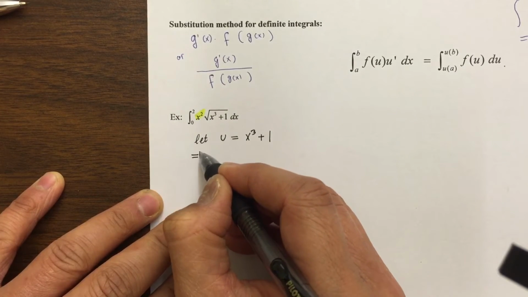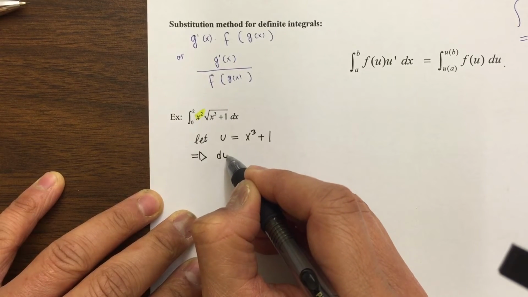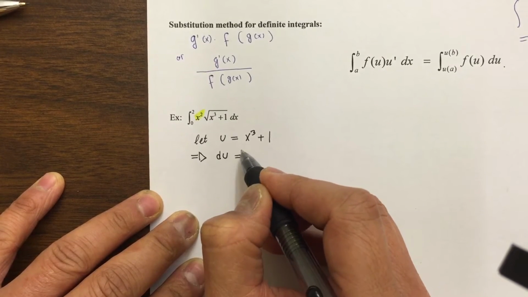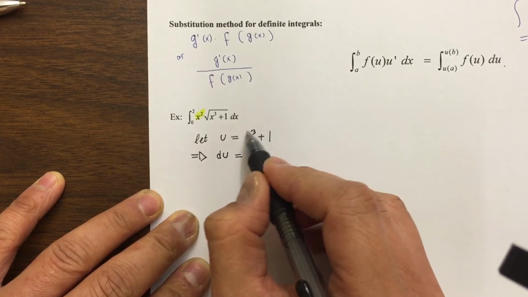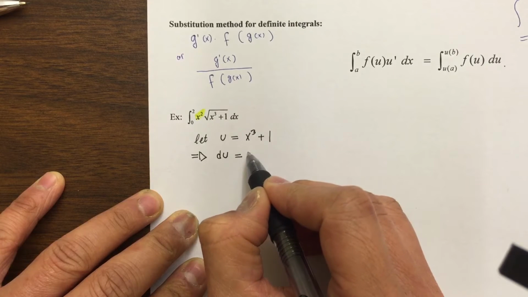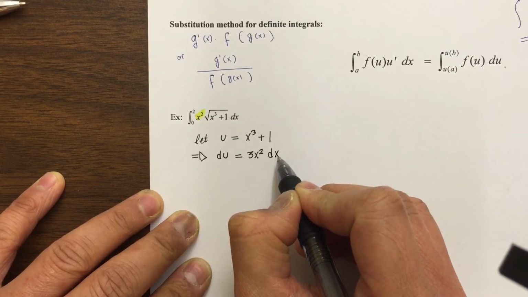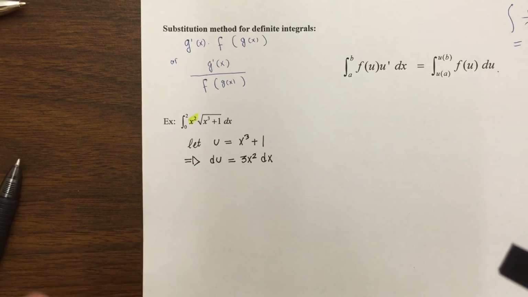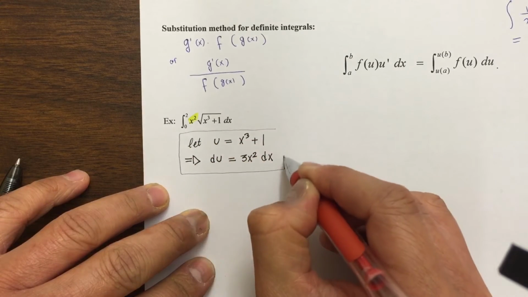Immediately take the derivative of u, represented by du over dx, and then eventually we multiply both sides by dx. I'm going to skip that step, and the derivative of the right side is 3x squared times dx. Now this is an important step, so maybe I should put it in a box.